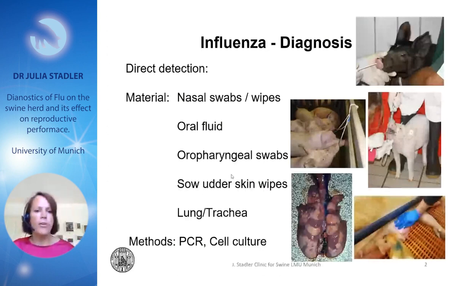Recent studies have focused on investigating new approaches like oral fluids, oropharyngeal swabs, other skin wipes, or environmental samples. Comparison of the different materials revealed that for direct detection, pooled group samples like the oral fluids or the other skin wipes or environmental samples are a good option to individual pooled samples like pooled nasal swabs.